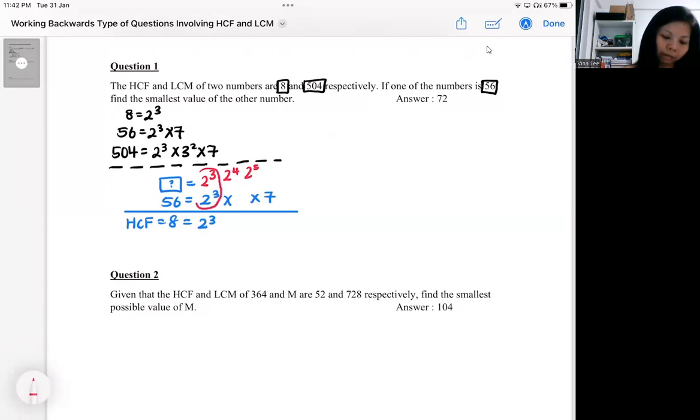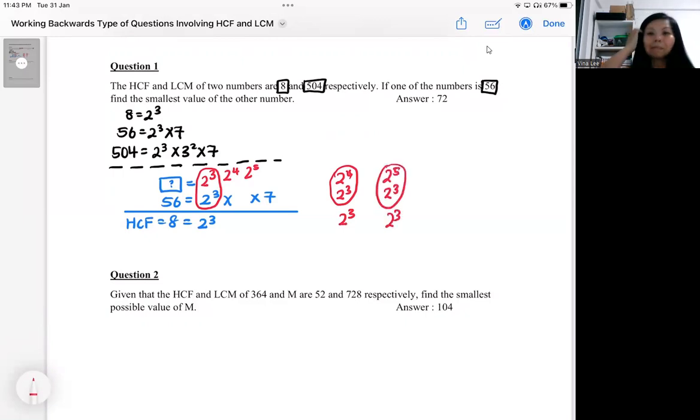It can be 2 to the power of 4 also, because you will still take 2 cube as the highest common factor. And if it's 2 to the power of 5, you will still take 2 cube.